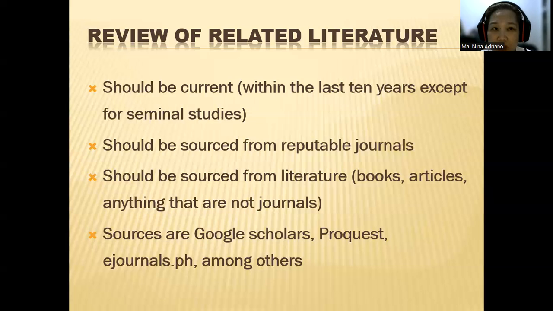Go to Google Scholar, go to proquest.com, and from there, find studies related to your topic. Here are some of the sources from which you could find related studies and literature: ProQuest, eJournals, Google Scholar.